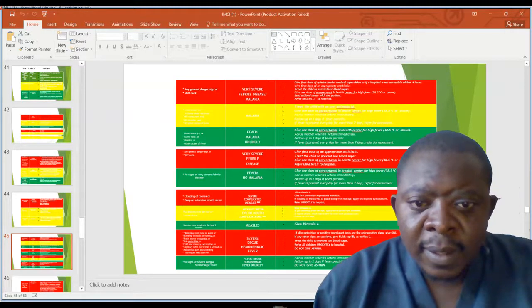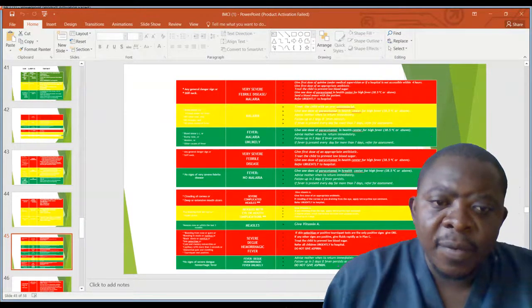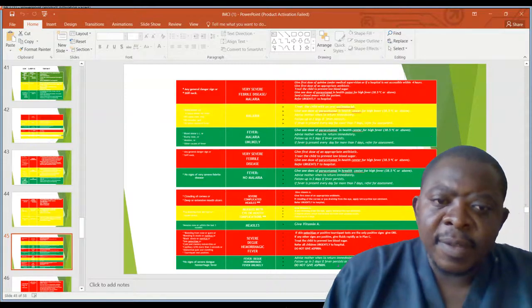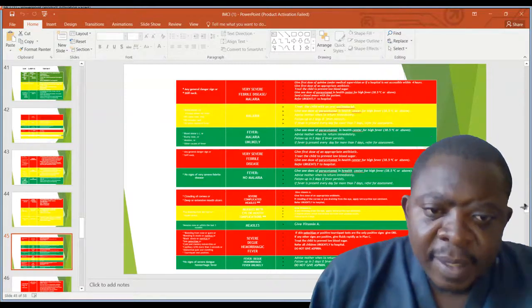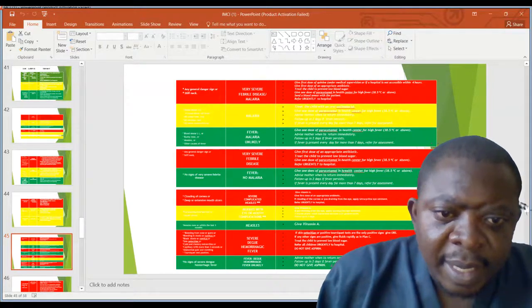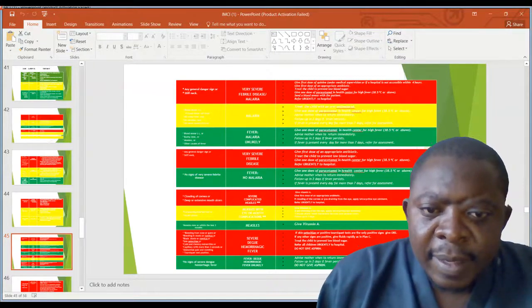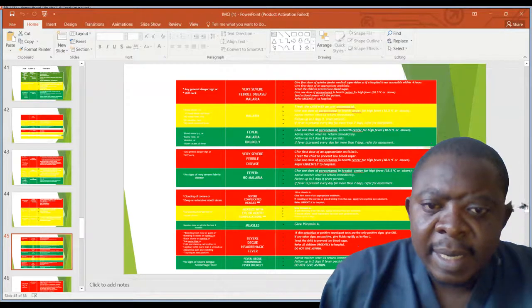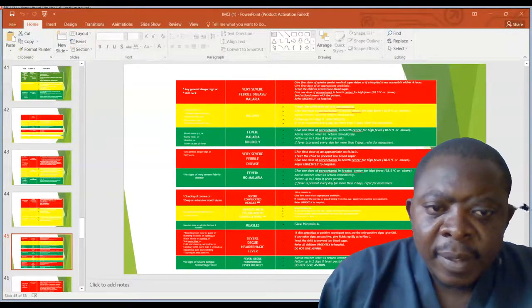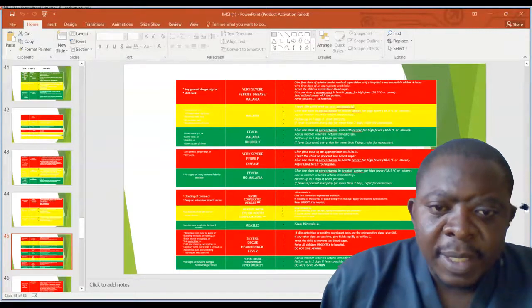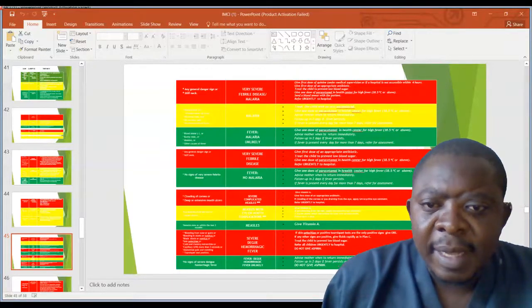Okay, so classification for fever can have the signs of severe hemorrhagic fever. Then it will be fever, hemorrhagic unlikely, if there are no signs of that. But if there is bleeding and the like, then it will be hemorrhagic fever.